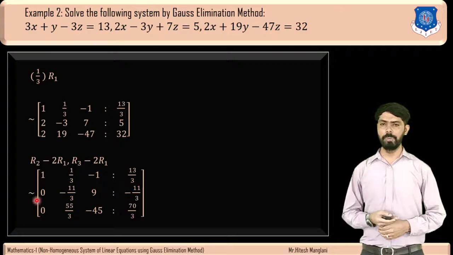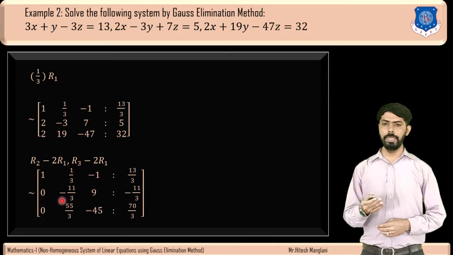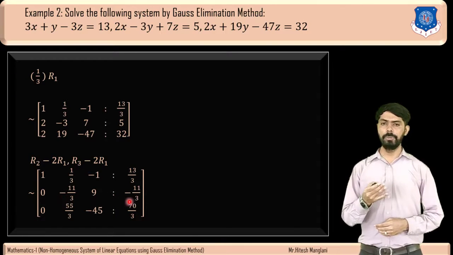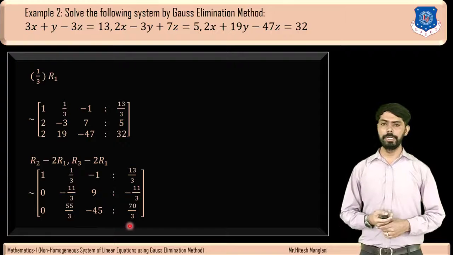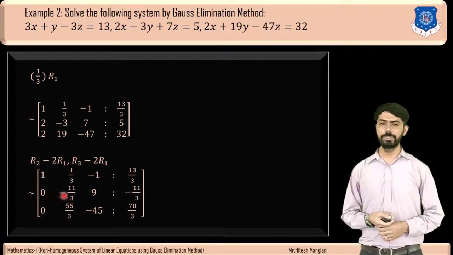If we apply these two row operations, then the next matrix will be: the first row is 1, 1 by 3, minus 1, 13 by 3, as it is. Then 0, minus 11 divided by 3, 9, minus 11 divided by 3. Then the third row will be 0, 55 divided by 3, minus 45, 70 divided by 3. Now, if you look at the second row, the leading entry is minus 11 divided by 3.